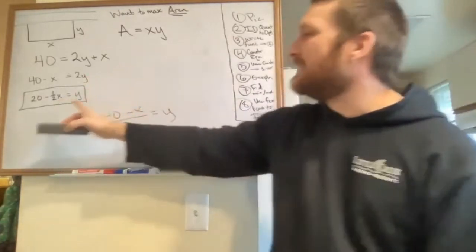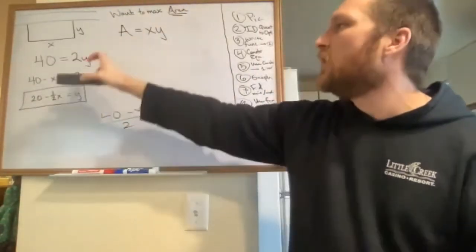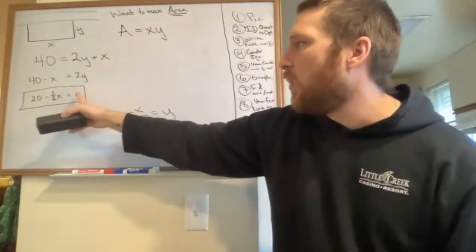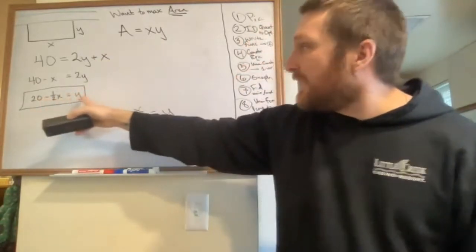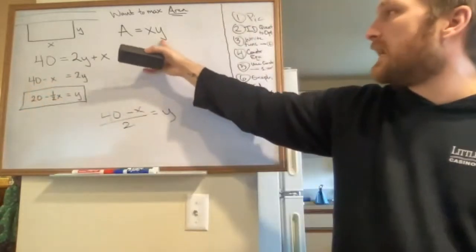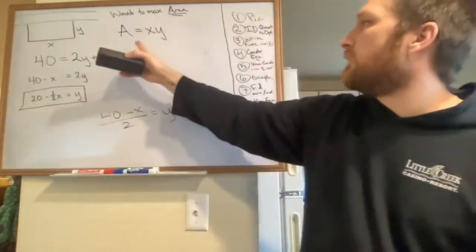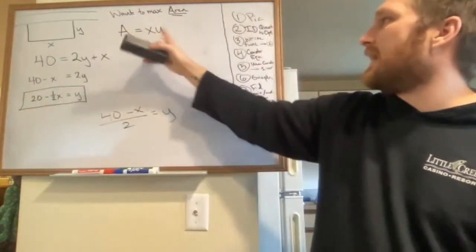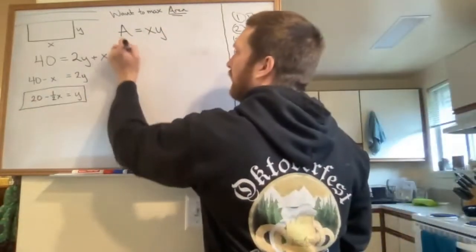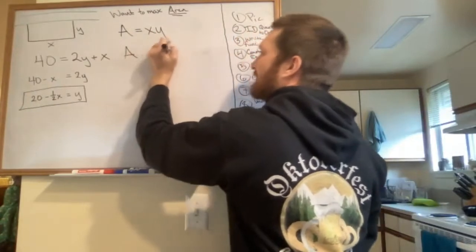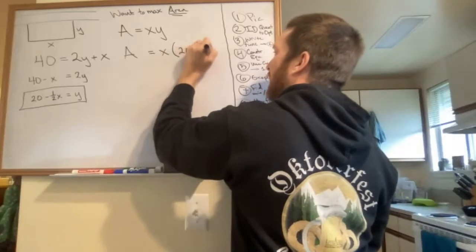Still on step 5. The idea is if we could turn one variable into the other variable, in other words, we use our constraint to get one variable by itself, then we could just substitute up here and say, well, y is equal to 20 minus 1/2 x. So instead of writing A equals x times y, I could just say A is equal to x times 20 minus 1/2 x.